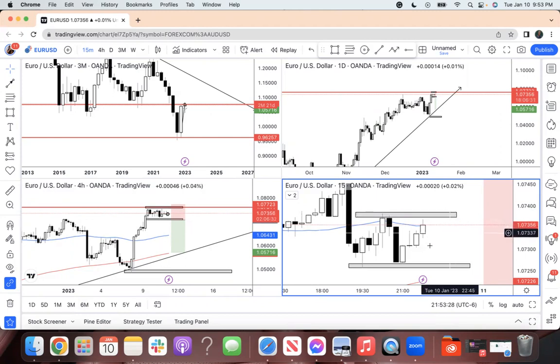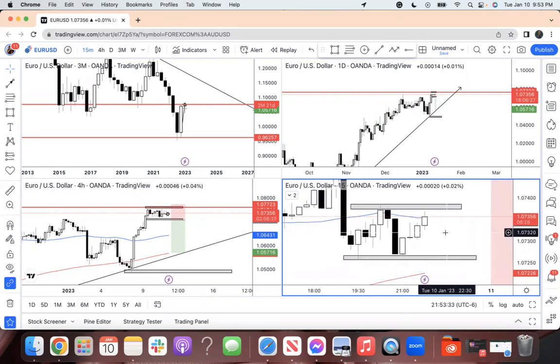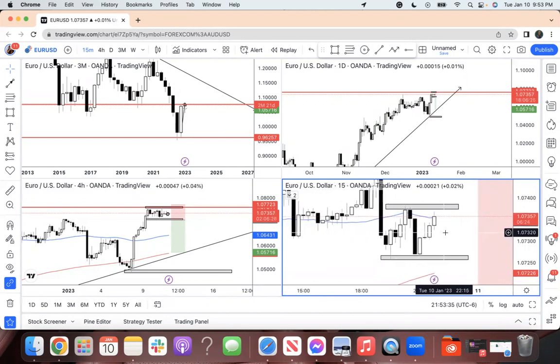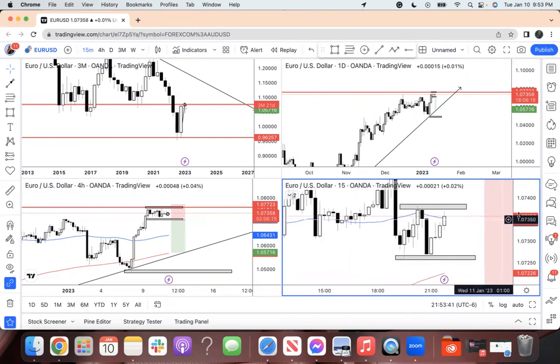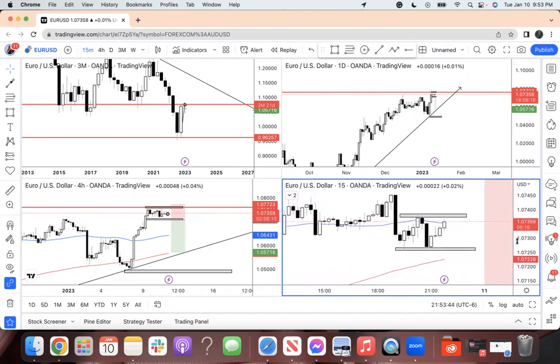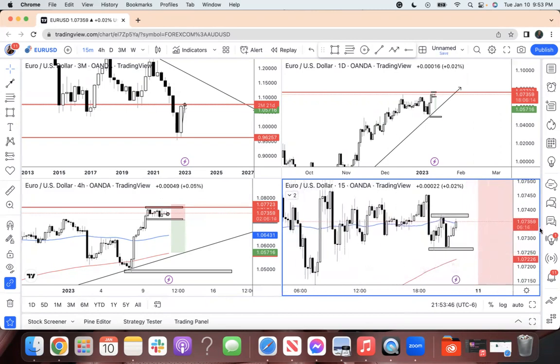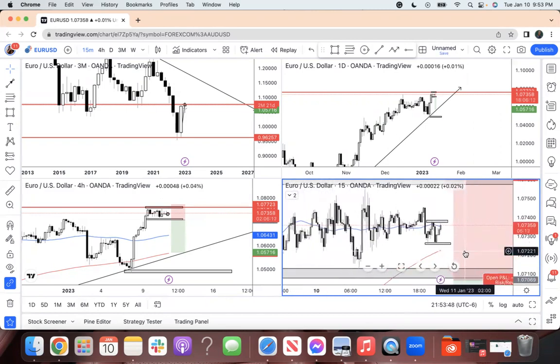And so now we are on the 15-minute time frame, and we are looking for our break of structure and our moves so that we can get into our trades in the direction that current price is currently moving.